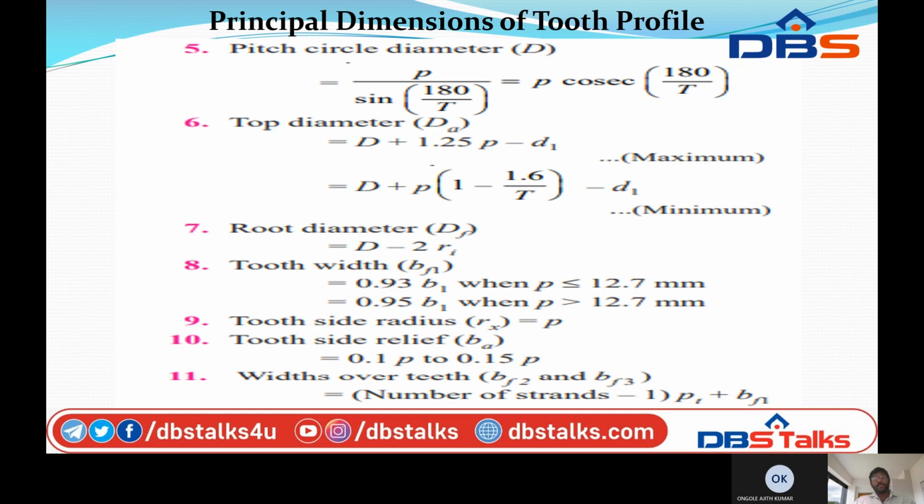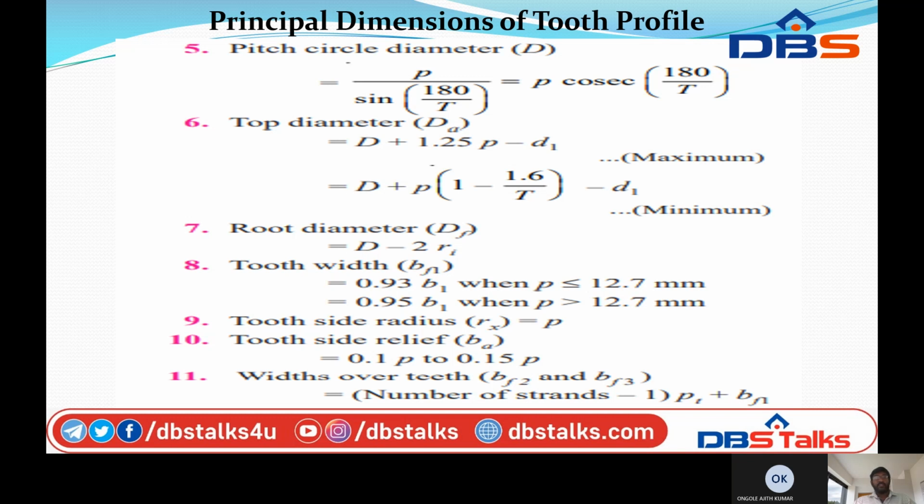The sixth one is top diameter DA. Top diameter DA is equal to D plus 1.25 P minus D1 for maximum, and D plus P (1 minus 1.6 by T) minus D1 for minimum.